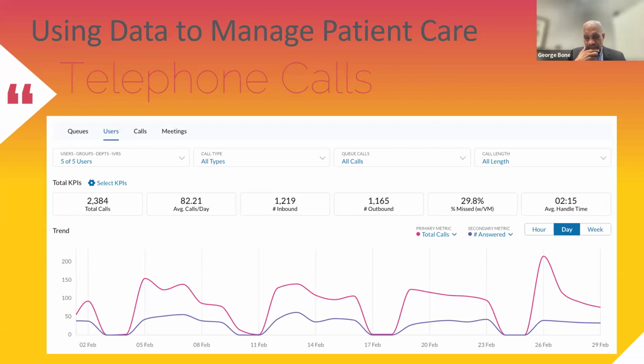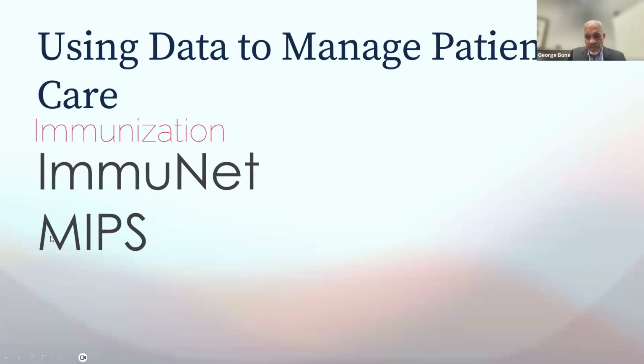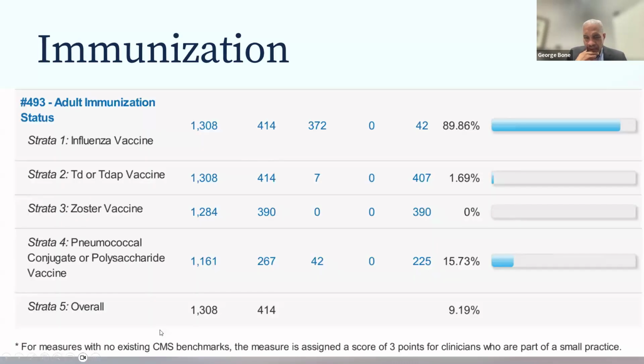Next slide, please. We use MIPS for reporting and Immunet for immunization identification, in addition to our internal system. Next. And this is an example of our immunization reporting.